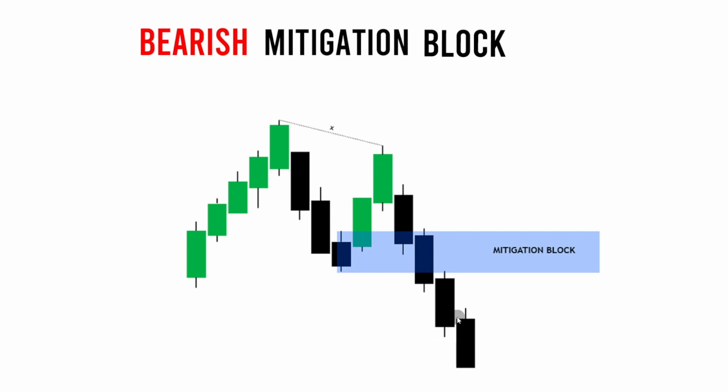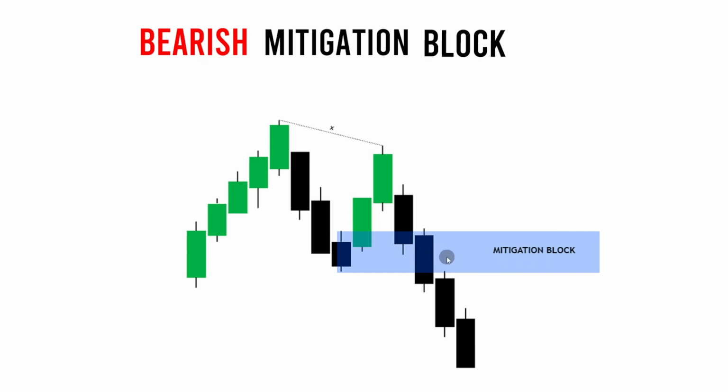When price returns to this area, our mitigation block, which was their entry, that is our short signal, because we entered the mitigation block. But what a lot of these long traders would have done when price returned to their entry level is close their position to mitigate their loss. So that is ultimately why it is called a mitigation block. I just wanted to tell you that real quick so you understand why we are trading the mitigation block.